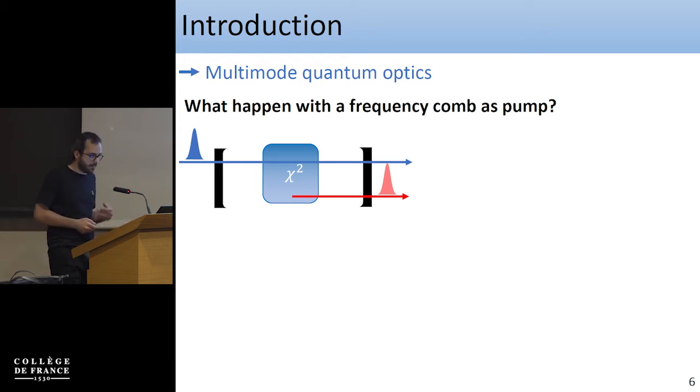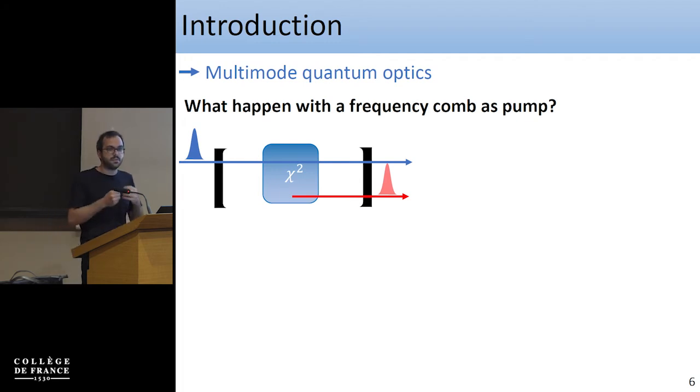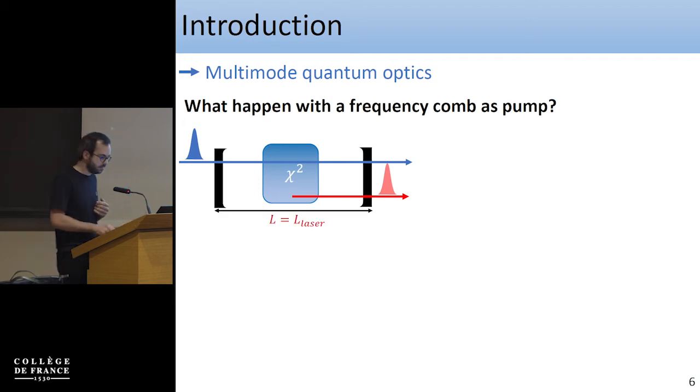But as I said, in the monomode case the cavity has to be resonant in the red. So I have to make sure that my cavity is resonant for each tooth of my frequency comb. To do so, we set the length of the cavity the same as our laser length.